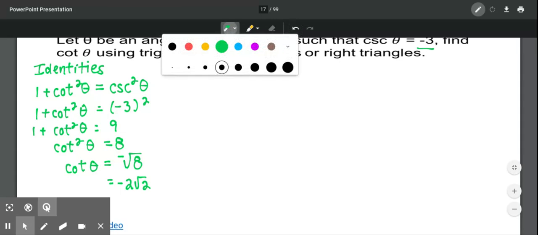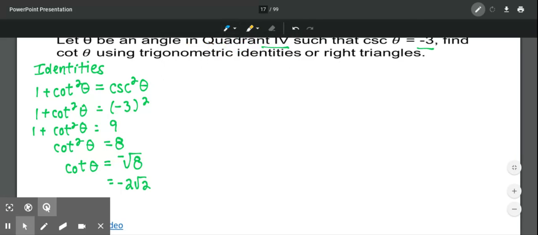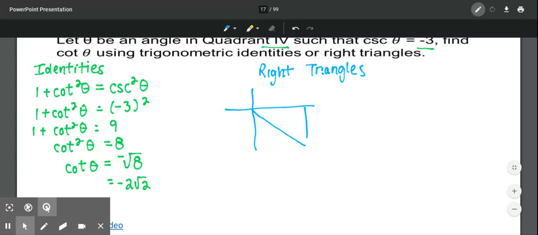So that's one way to do it using identities. Now the other way is with right triangles. So what I would do is if they tell you that it's in the fourth quadrant, sorry, my lines aren't all straight there, I would say, well, I'm going to draw a right triangle in the fourth quadrant where I have my angle measure, just like we've been doing in the last couple examples.